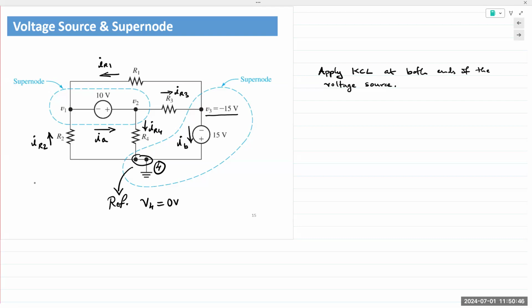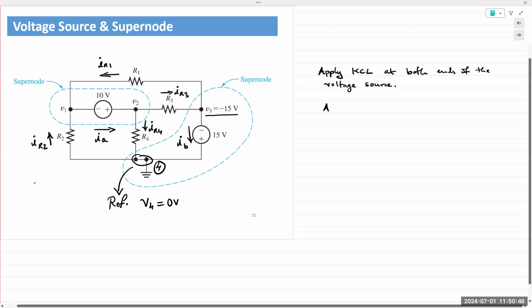And I can write, at node 1, I have IR2 entering, IR1 entering, and I have IA leaving.